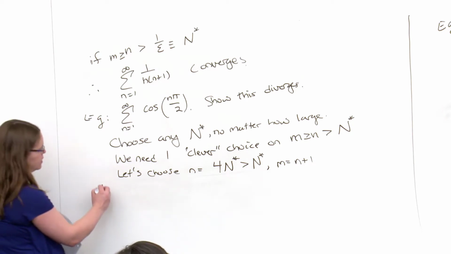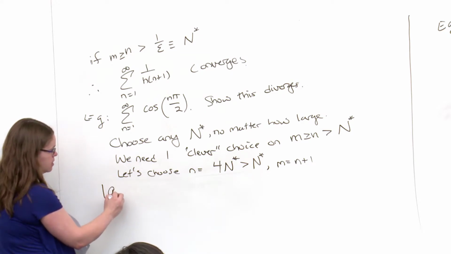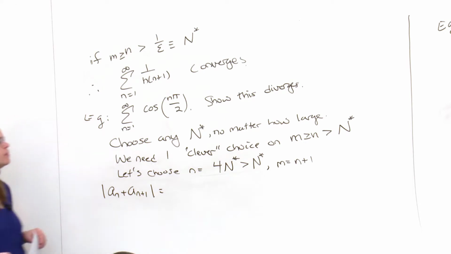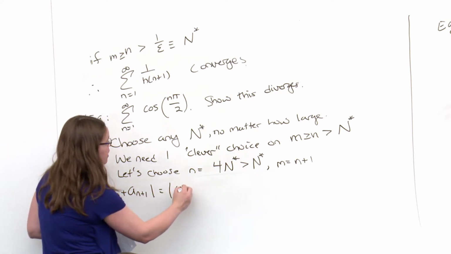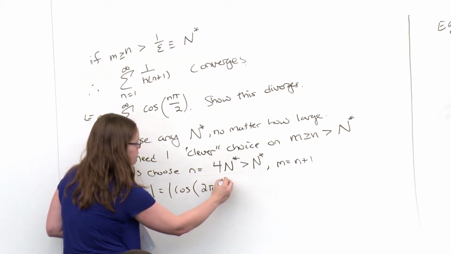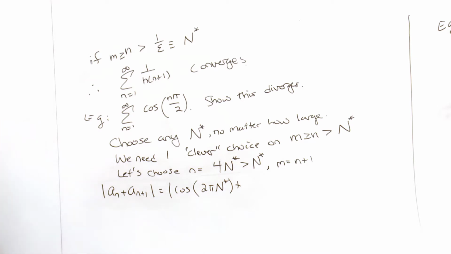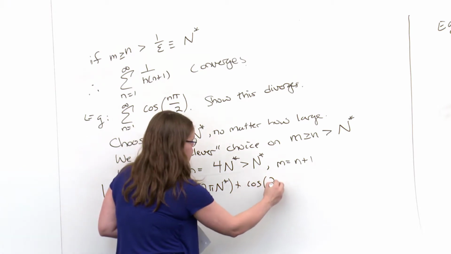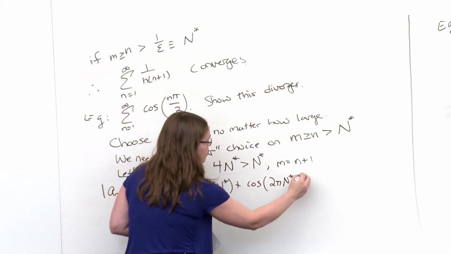Okay, so if we look at an plus an plus 1, this is going to be cosine of 2 pi n star plus cosine of 2 pi n star plus pi over 2.